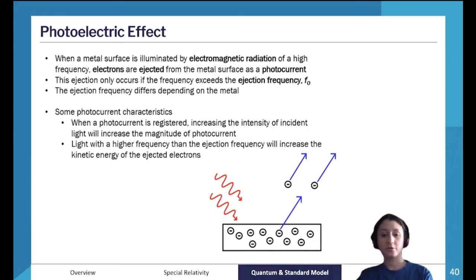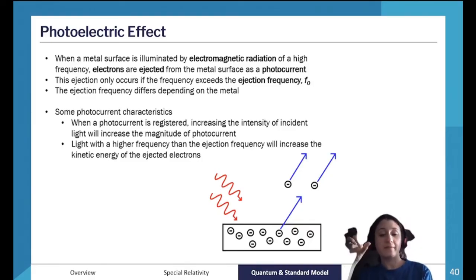So remember, the frequency of the light is related to the color. The brightness is how intense it is, like how much light there is. You could have a really bright, massive torch that you shine in somebody's eyes and it blinds them because it's so bright.